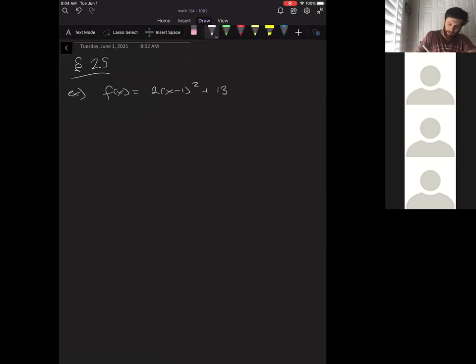Let's call this rules for transformations. Maybe at first these rules won't make too much sense, but after doing several examples, they will start to clear up a little bit.